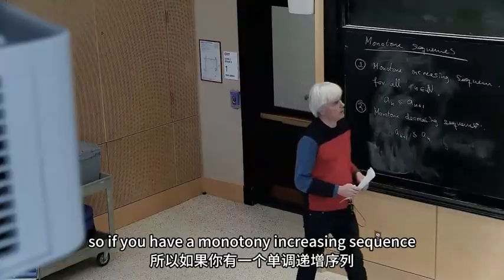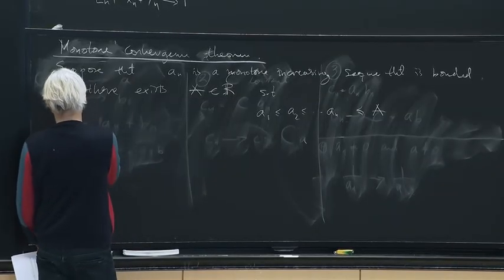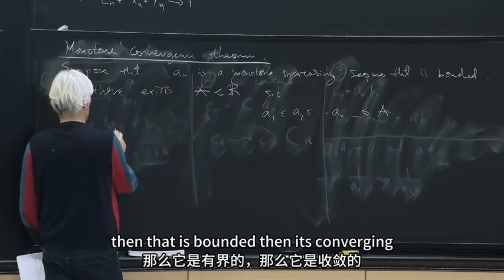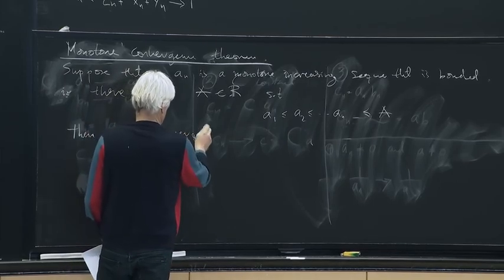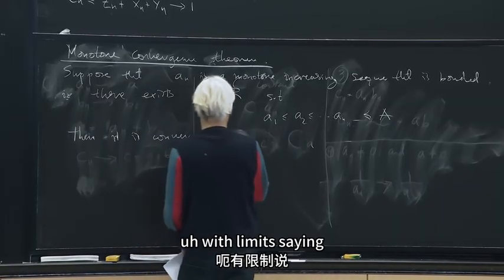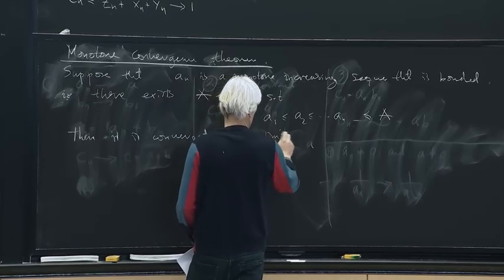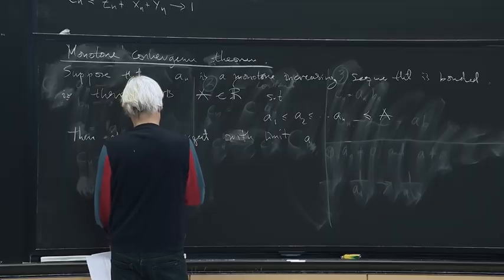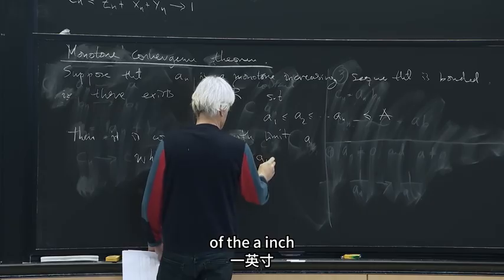So if you have a monotone increasing sequence that is bounded, then it's converging, with limit A, where A is the sup of the a_n's.